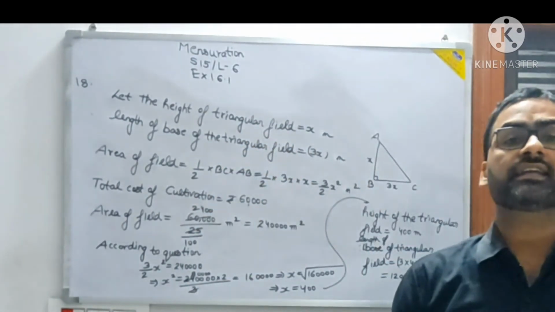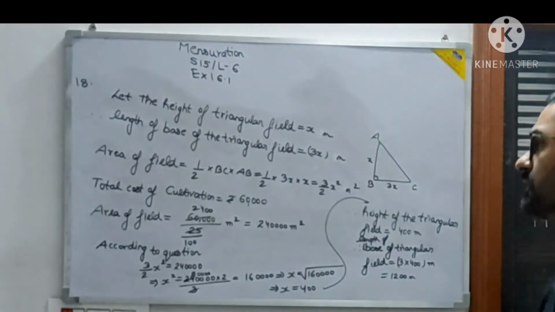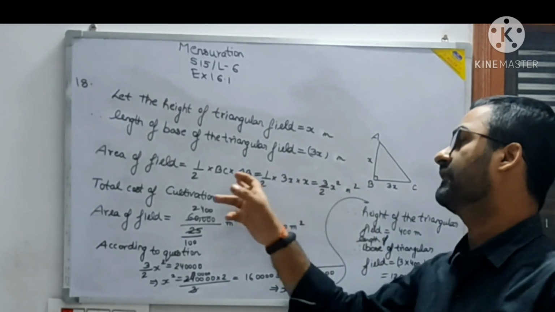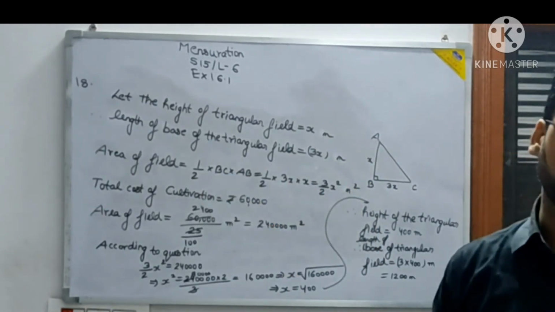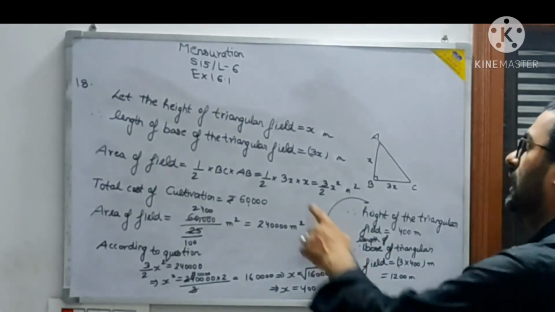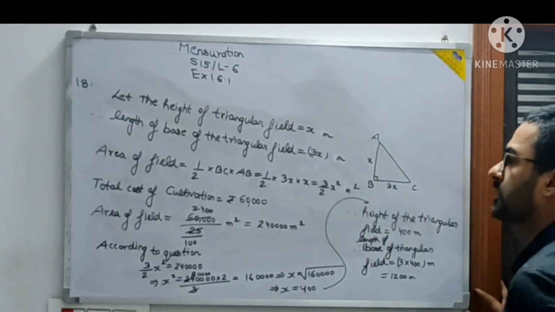Once we have taken height as x, the base will be 3x. Then, as per this right angle triangle, we can find the area in terms of x. It will be half into base into height, so half into 3x into x, which is 3 by 2 x meter square.